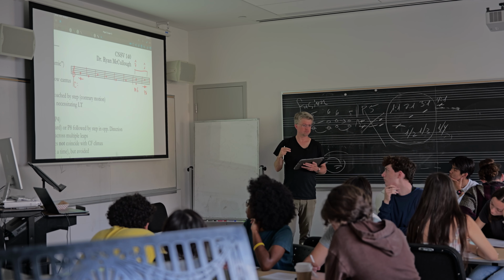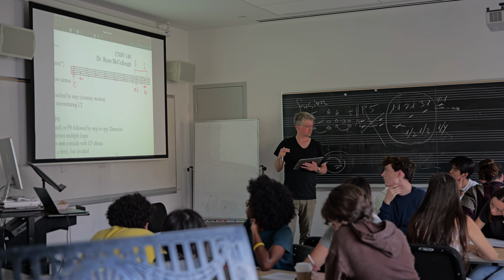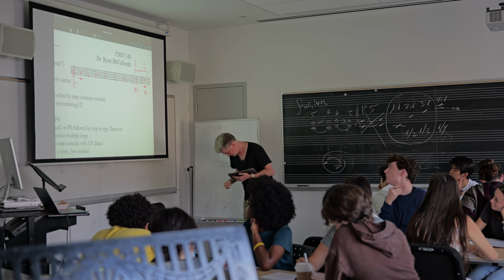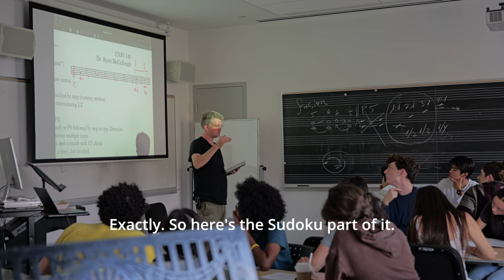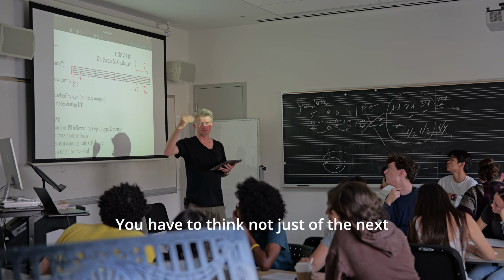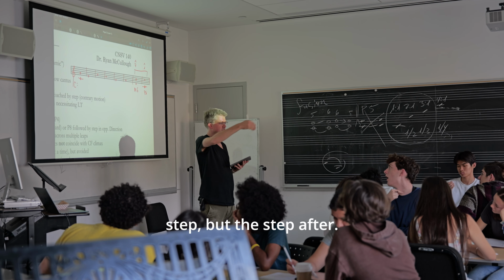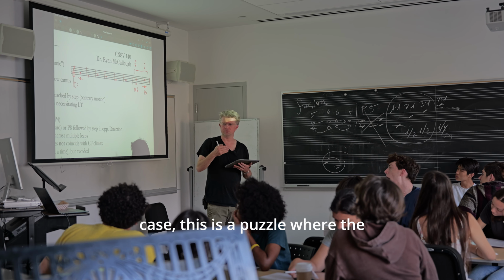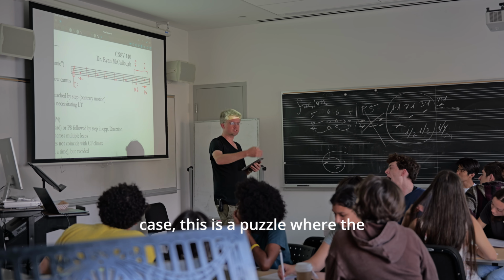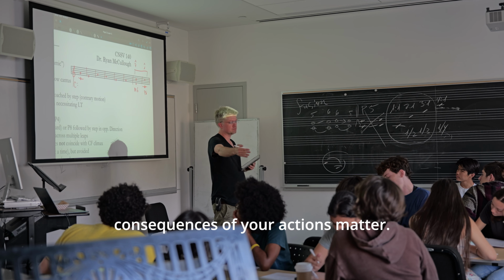Why? Because the next note, then the dissonance would have to step over. Exactly. So here's the Sudoku part of it. You have to think not just of the next step, but the step after. Or maybe that's not Sudoku. But in any case, this is a puzzle where the consequences of your actions matter.